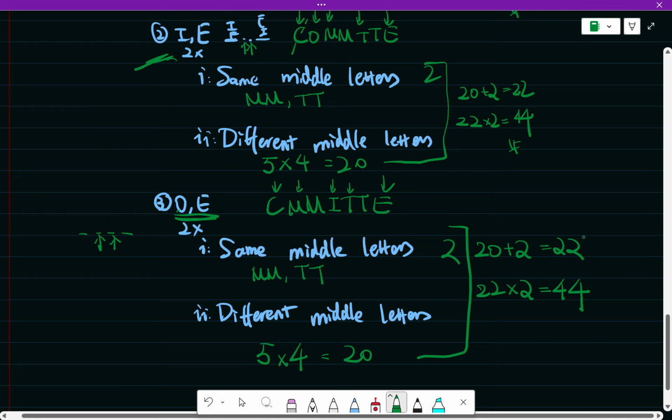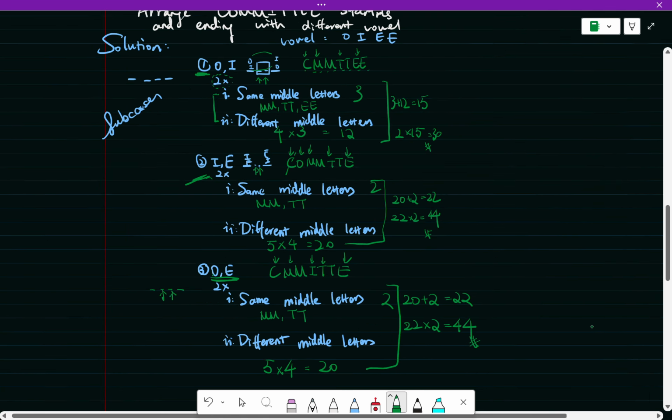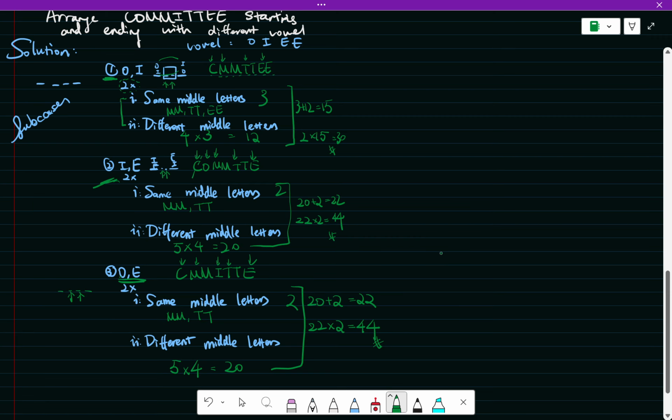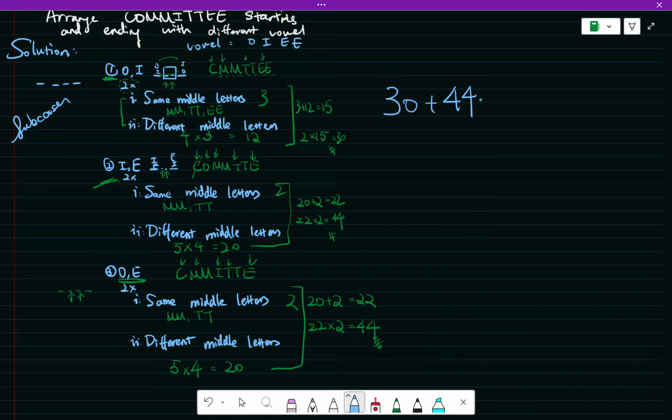And then what we can do to successfully solve this big question is essentially to tally up the three big cases. So the total number would essentially be 30 plus 44 plus 44, from here, here, and here.